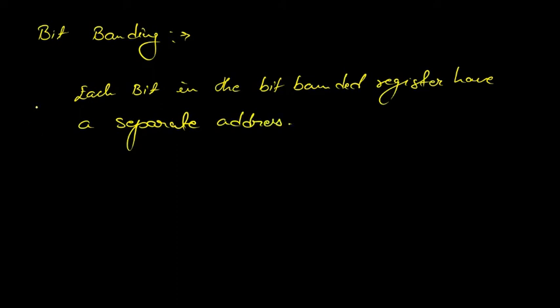If you can recall it, that means each bit has its own address. So that means if you are saying 256 different combinations, then there will be 256 bit banded address locations. Anyway, if you cannot correlate, leave it.